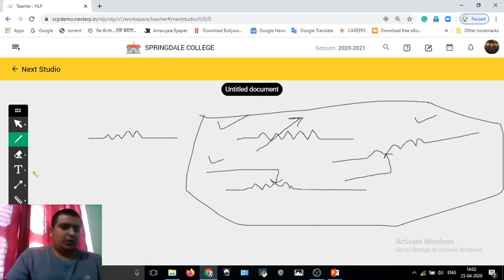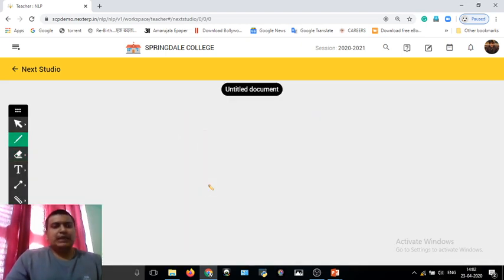Now one more thing I want to clear up: in an electrical circuit, whenever an arrow sign is made on any device, that arrow means it is variable. For example, if we have a battery symbol with a line over it, it means it is a variable battery. If we have a resistance with an arrow over it, it is a variable resistor.